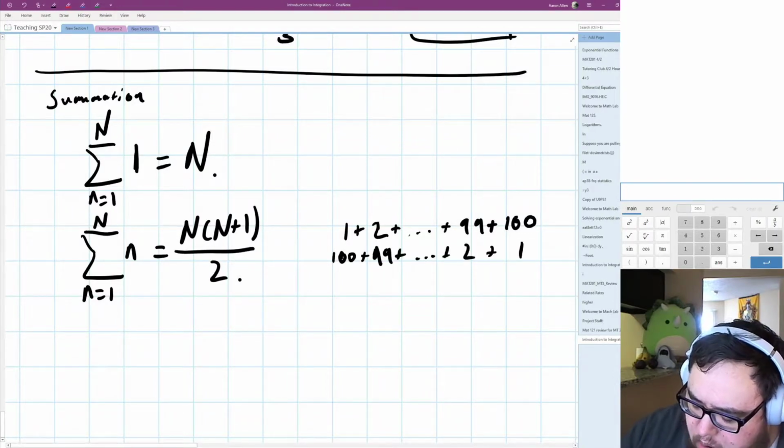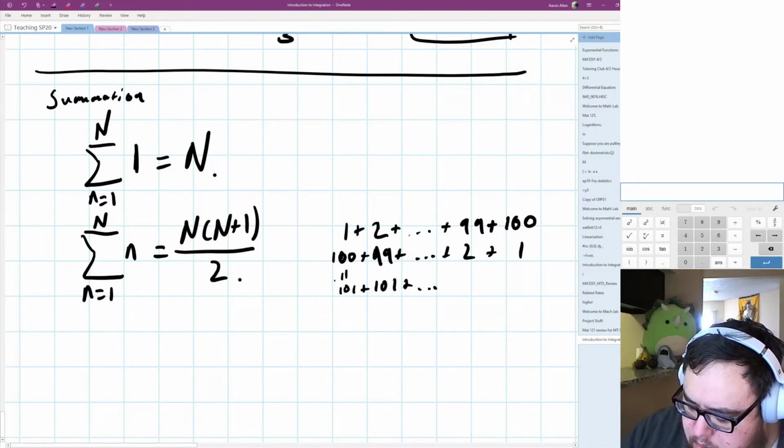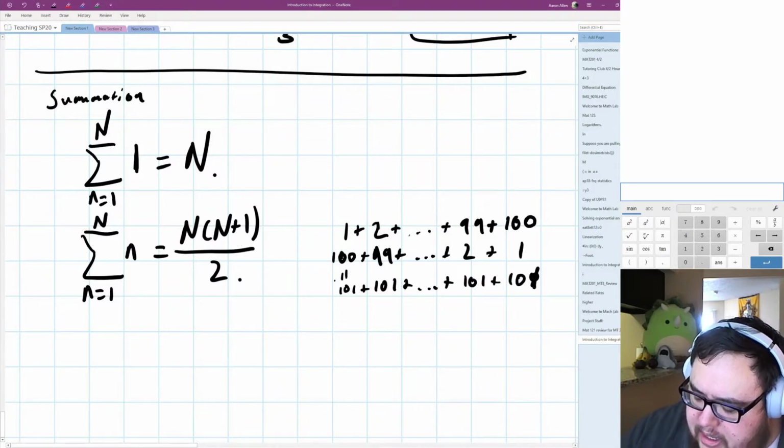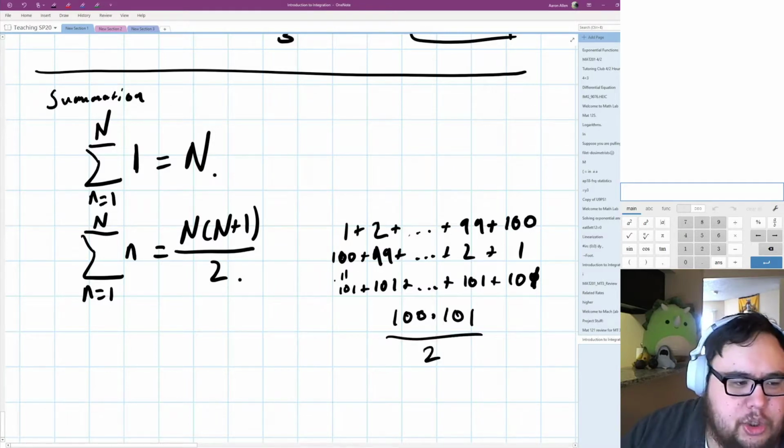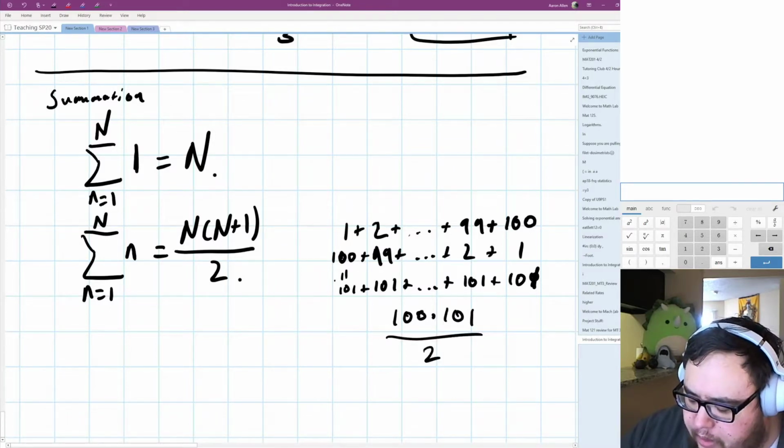Notice that all of these add up to the same number. Then it turns into just a multiplication problem: 100 copies of 101. But that was too big, so he divided it by 2. So that's essentially where this formula comes from.